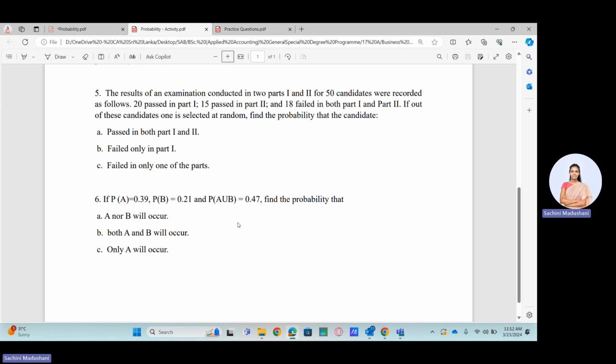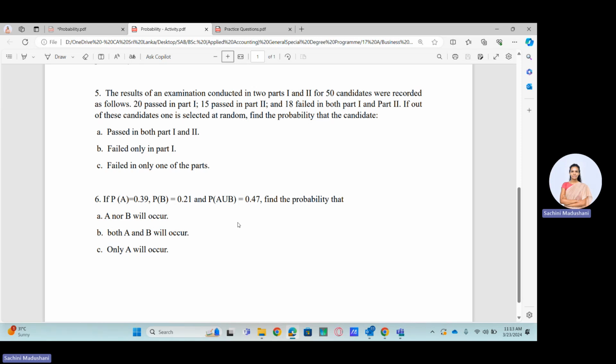Then what is the meaning of the "nor"? Complement of the union. In this question, it asks to calculate the complement of A union B. How do we find the complement? 1 minus the union.